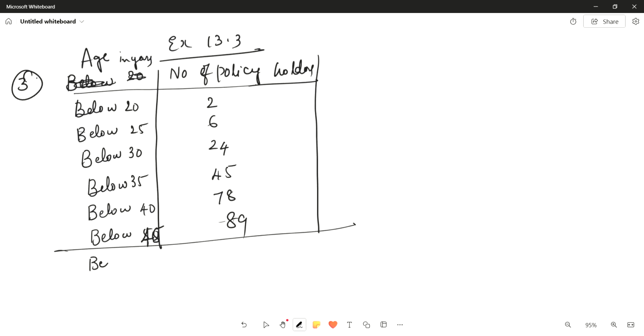Then below 50, 92. Below 55, 98, and below 60, this is 100.